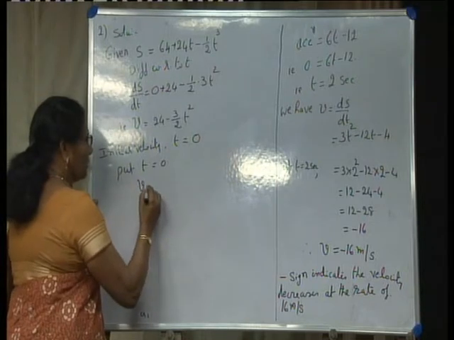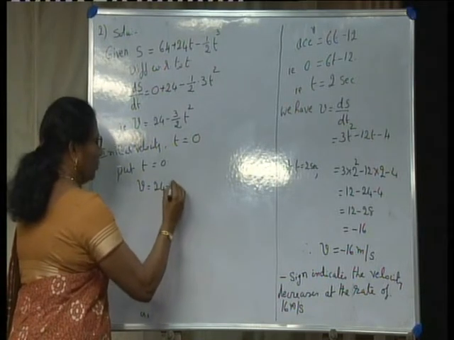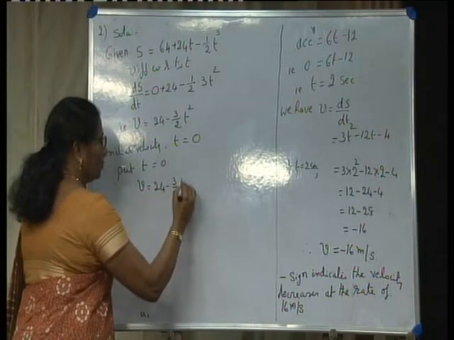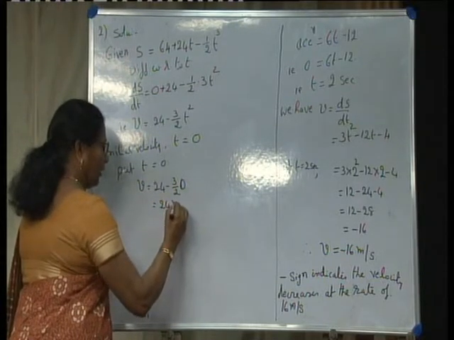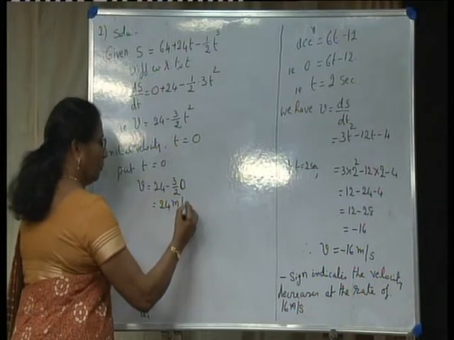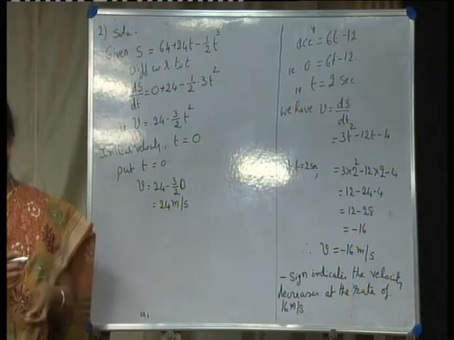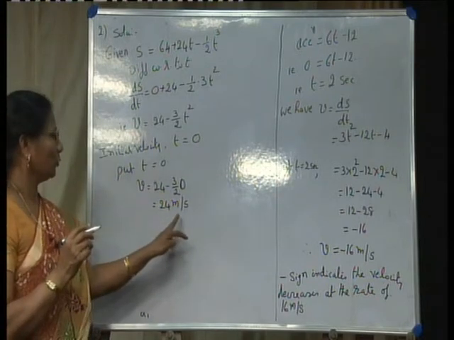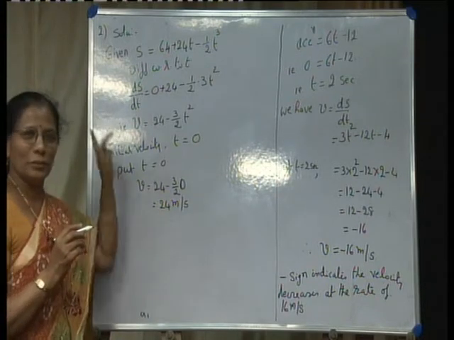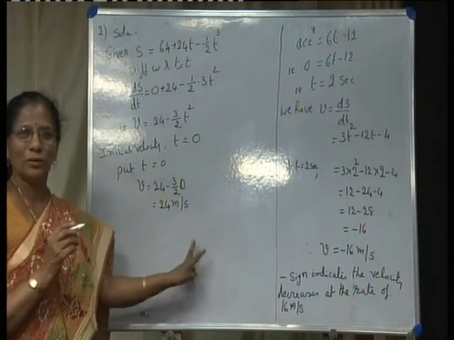So velocity is equal to 24 minus 3 by 2 into 0. So this is equal to 24 meters per second. So, the initial velocity is 24 meters per second. If only this bit is asked, it is only for 2 marks.